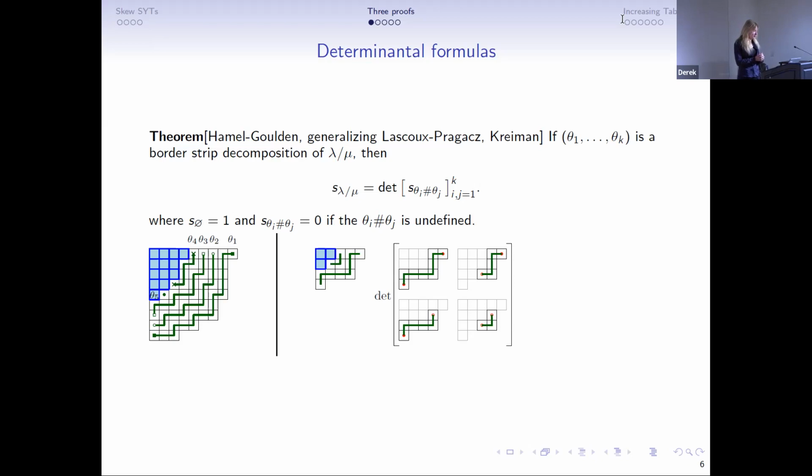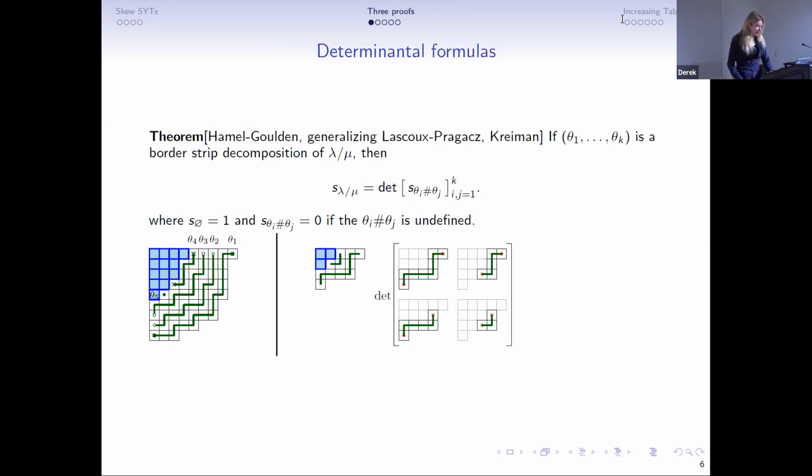It almost doesn't matter how exactly we decompose it, but the point is that this strip should end on the borders of the Young tableau, and then one can form a determinant where each entry is a single border strip Schur function, where the border strip is determined from the profile of the bigger or the smaller partition, depending on which convention you choose, and the endpoints are determined by the combination of the two endpoints for theta i and theta j. So there are certain rules one can use.